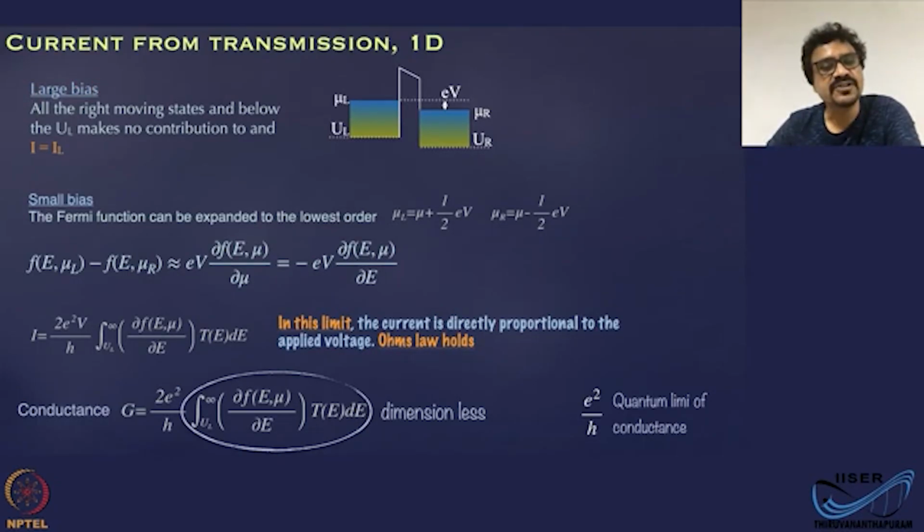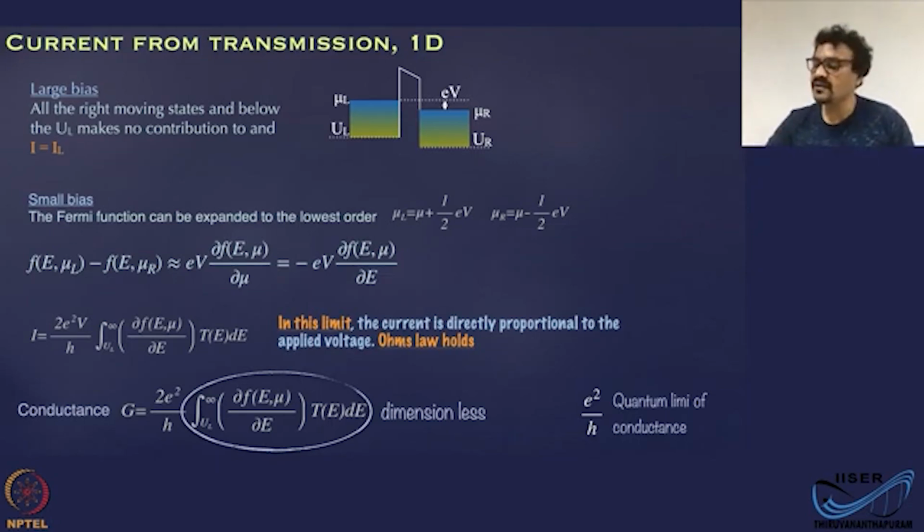When you have very large bias, you don't really need to worry about the states propagating to the left side from the right side, because when you have large bias, you can say that there are no states here on the left side which are ready to receive the electrons coming from the right side.